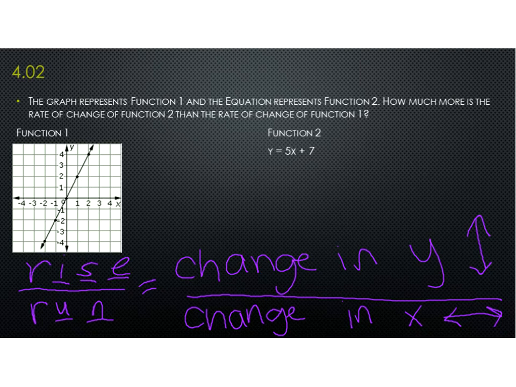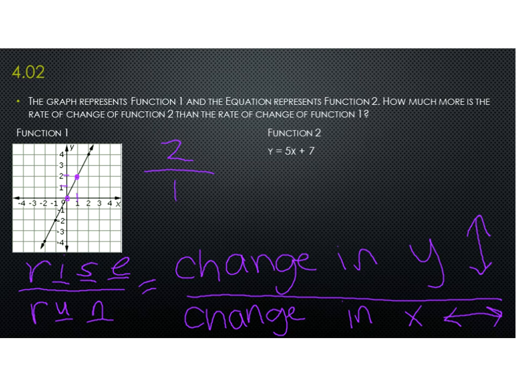So looking at 2 points, I'm going to start here at the 0. So my next point I'm going to go to is here at 2, 1. My rise goes from 0, 1, 2. So I go from 0 to 2, that's a rise of positive 2. My run goes from 0 to 1.